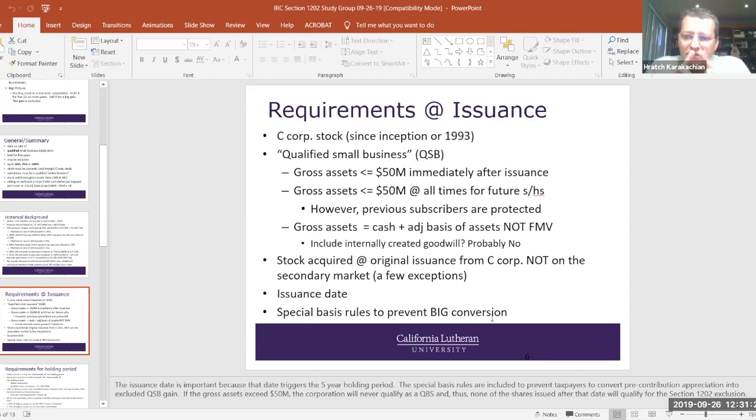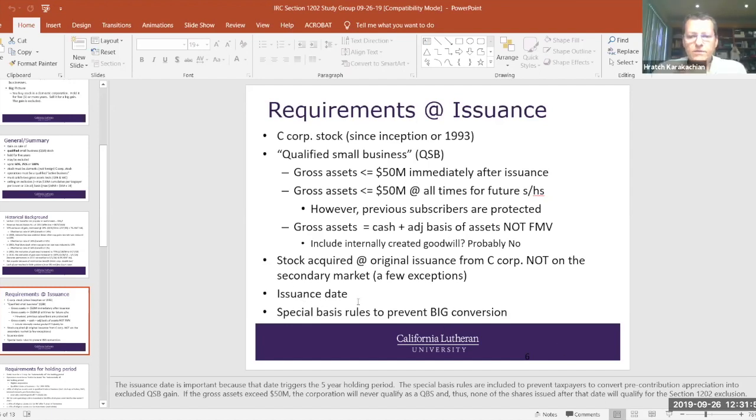So any future appreciation would qualify after the contribution. If the stock appreciates after the contribution, that may qualify for Section 1202, but not the appreciation that happened before it was contributed into the entity. Okay. Thank you. Sure.